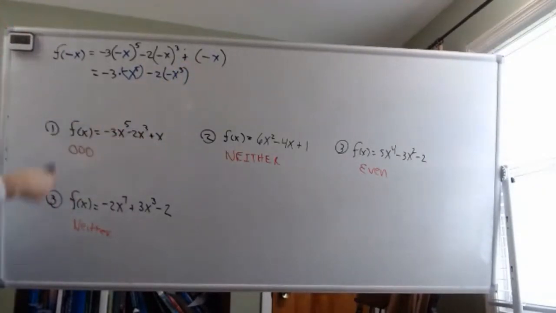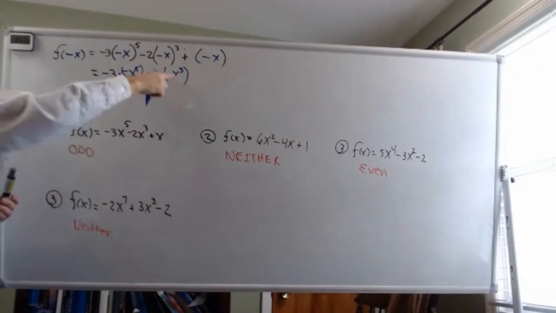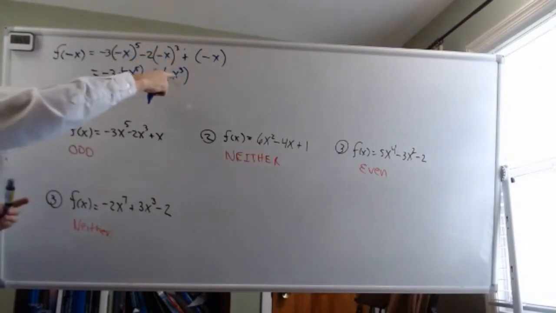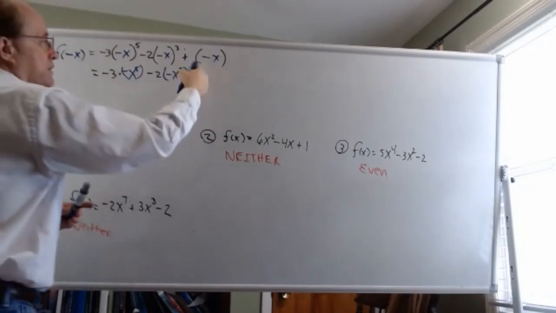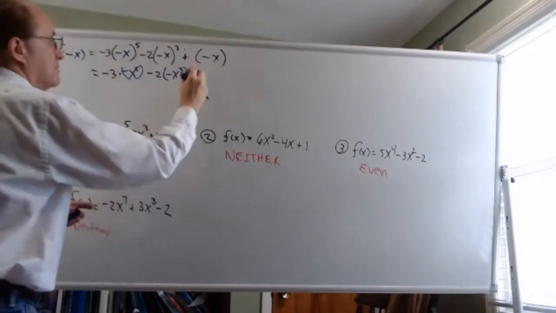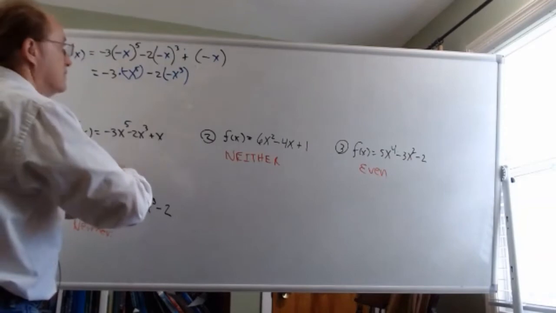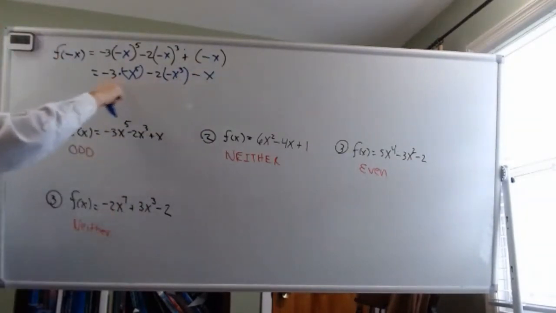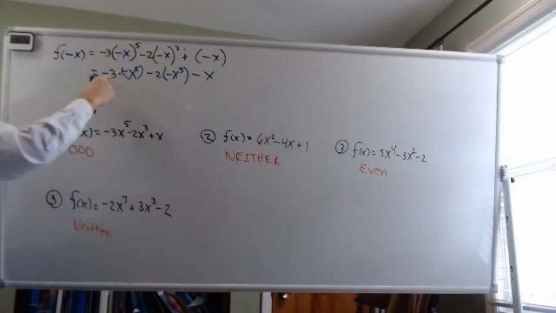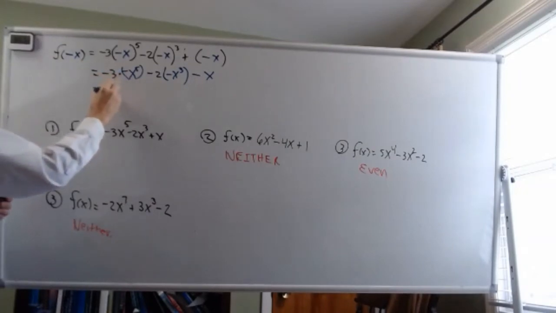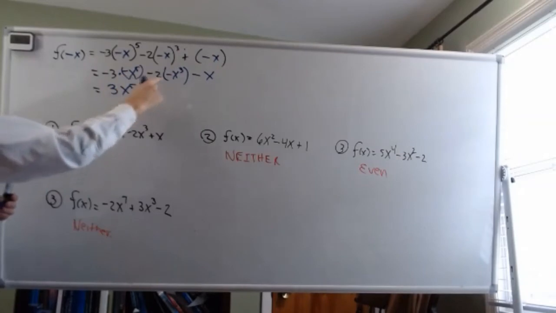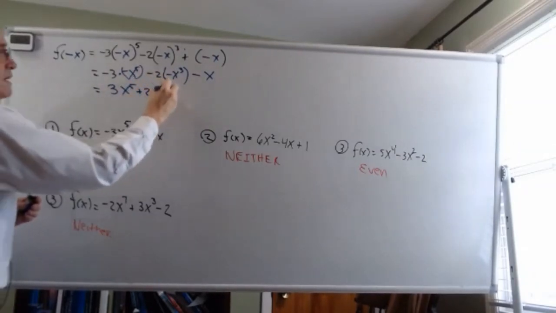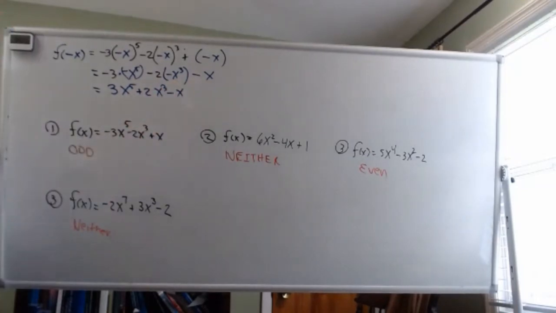Negative x times negative x times negative x is a negative x cubed, not negative x quantity cubed, but negative 1 times x cubed. And over here, I can simply write my minus plus a negative x. Okay, let's carry out all these signs. This is a negative times a negative, so that gives me a positive 3x to the 5th. Negative times a negative gives me positive 2x cubed minus x.